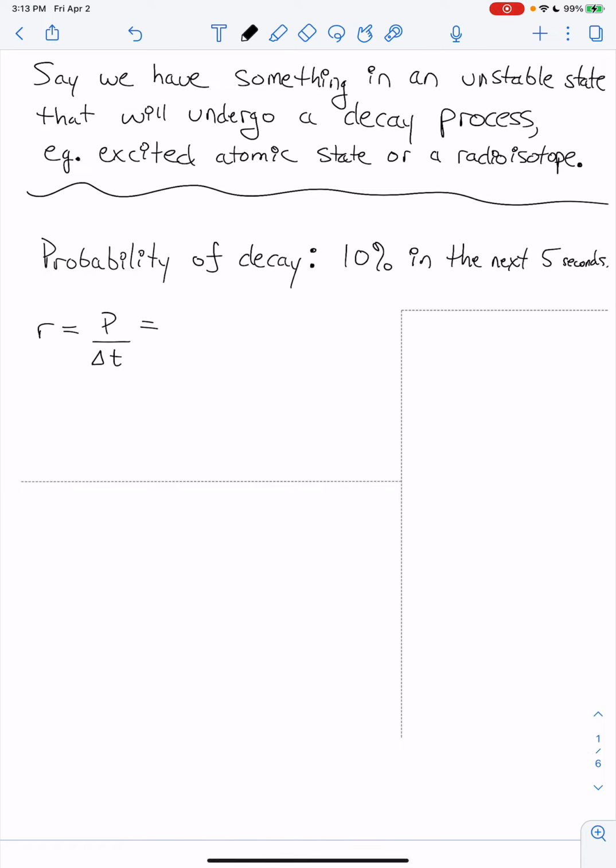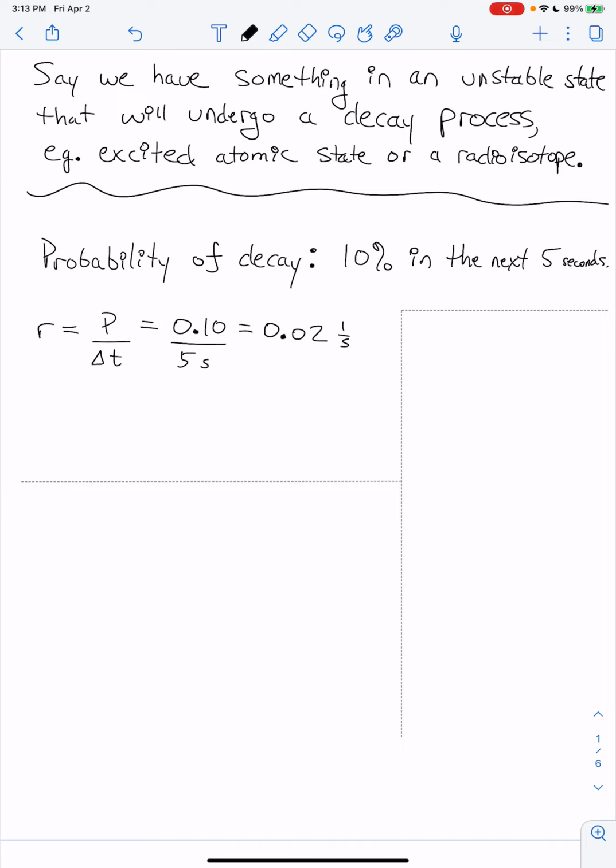So we've got a probability of 10% sometime in the next 5 seconds. And so that gives us a rate of 0.02 1/seconds.